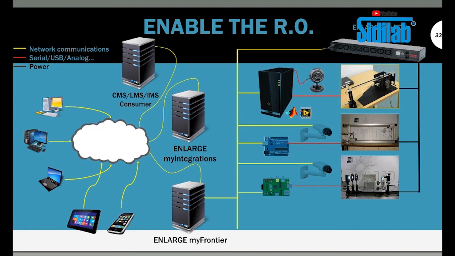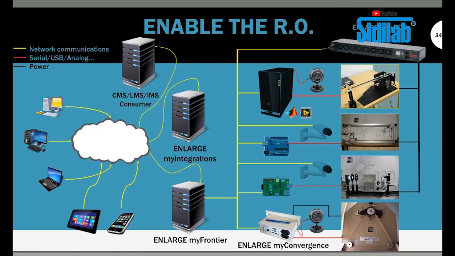And you may still be thinking, whoa, this still looks like a lot of difficult work. Well, if you think like that, we still have one more surprise, the Enlarge MyConvergence. This is a device that allows you, 1, to have the MyPDU functionality integrated in one single device, 2, connect a USB camera to have video streaming through a server that comes already pre-installed and ready to run with the Enlarged system, and 3, connect a wide variety of hardware thanks to its Arduino connections and support.